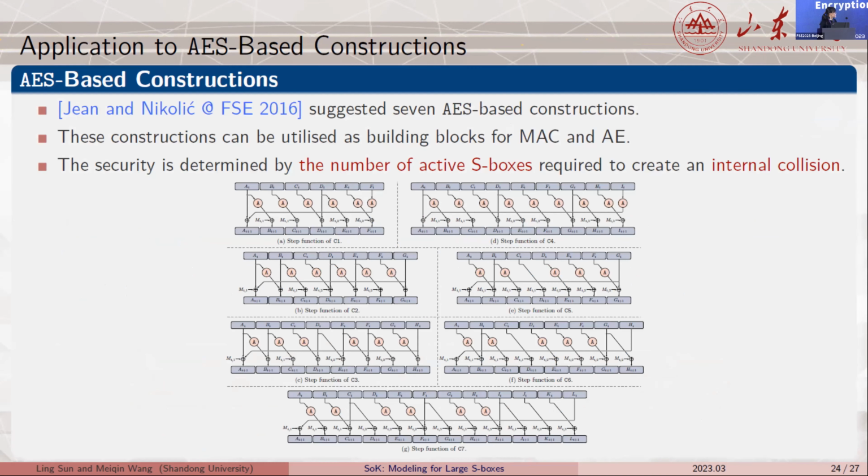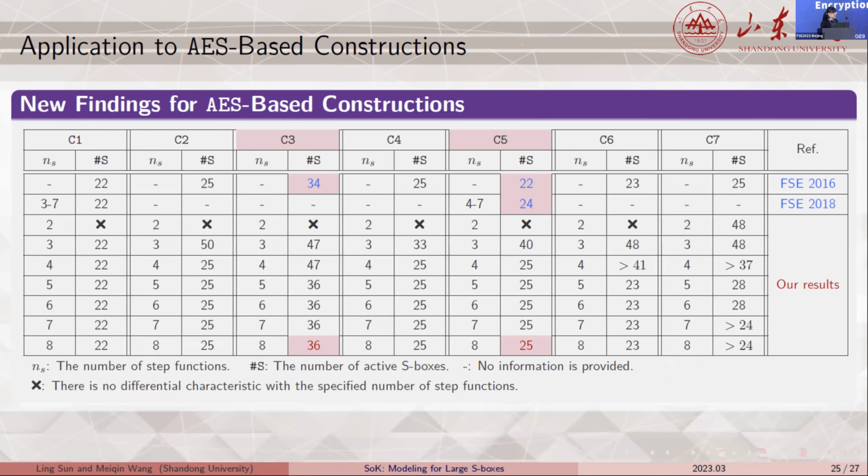The second application is to analyze AES-based constructions. We analyze 7 constructions, and for 2 constructions, we improve the lower bound for the number of active S-boxes, therefore providing more precise analysis results for these 2 constructions. For the remaining 5 constructions, we confirm the previous work.